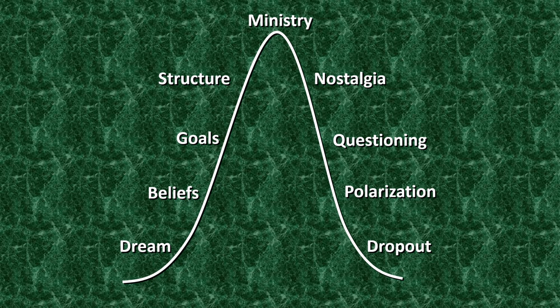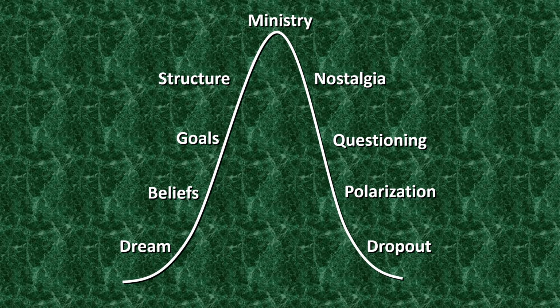Once a church reaches the point of early decline or nostalgia, they begin to recognize the need to redevelop forward. Now, I've used that term twice already, so I want to describe for you what redeveloping forward is about. You see, we don't go back to the other side of the bell-shaped curve.